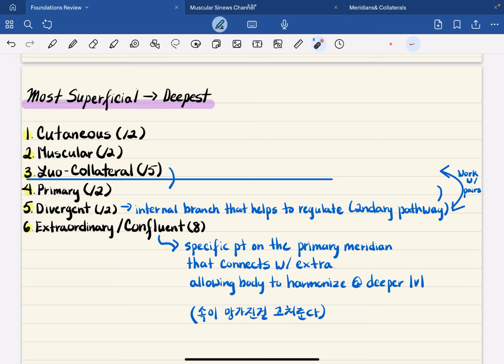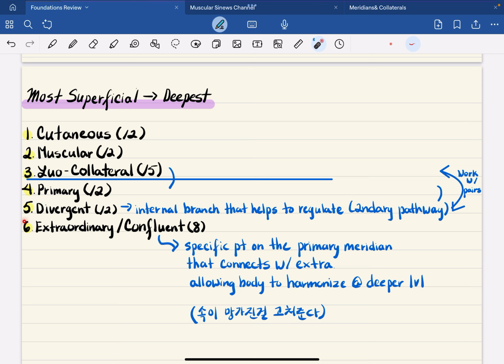Luo is the part right before it starts to get deep, and it's still in the superficial layer, so it acts as a liaison for the primary and the superficial area to link together, and that's what the luo collaterals actually do. And the primary, of course, we all know what that is.